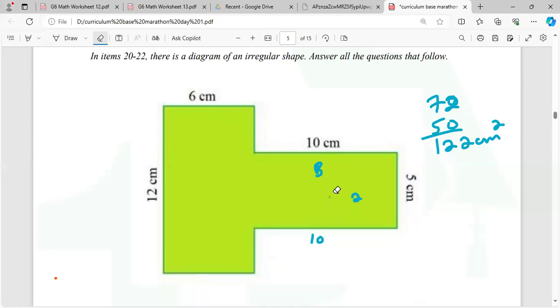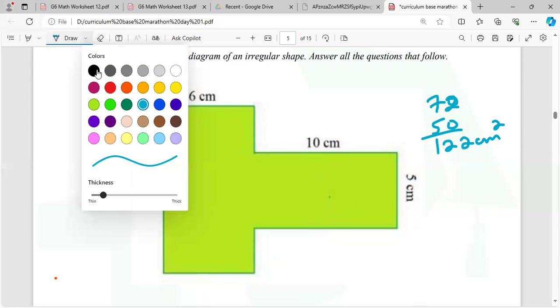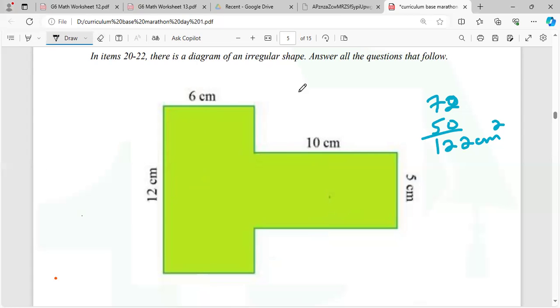Right, Lakai, your time now. Share the different method that you used. Okay, sir. Since this is not a full rectangle, I drew lines to make it as if it was an enclosed rectangle.